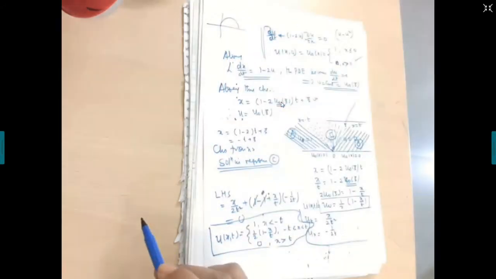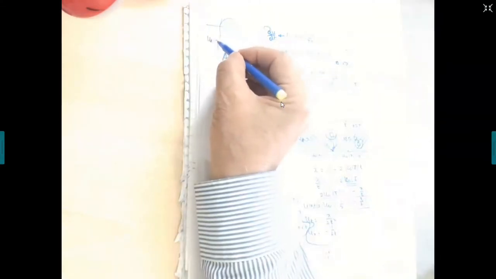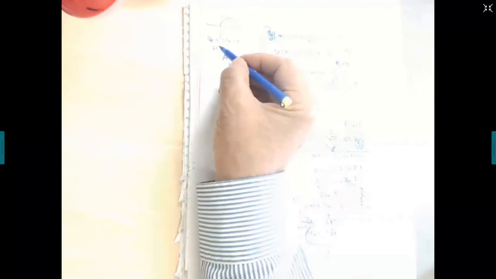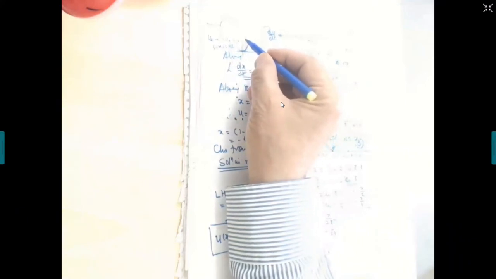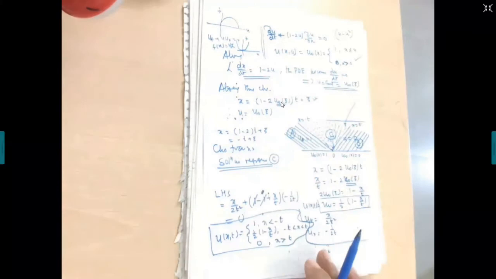If you remember in the problem ut plus u ux, what was the flux function? U square upon 2. And this is your convex. In the f-u plane, this is convex, this is concave.